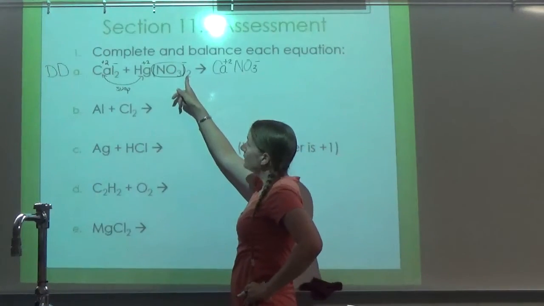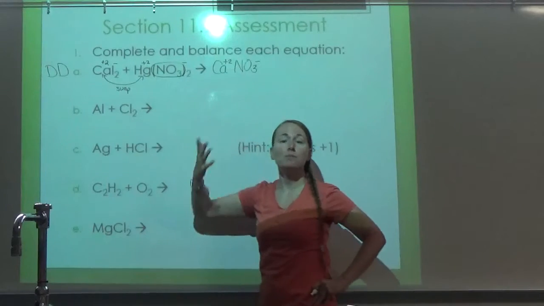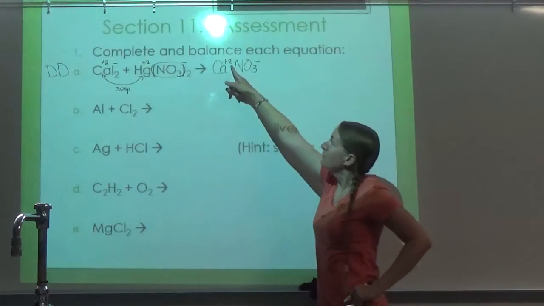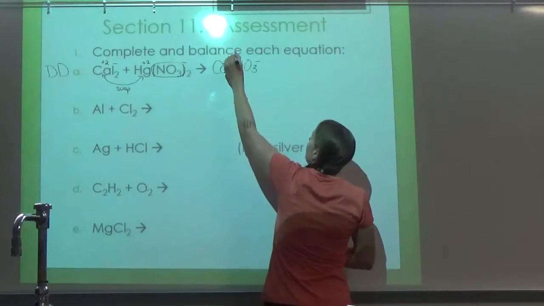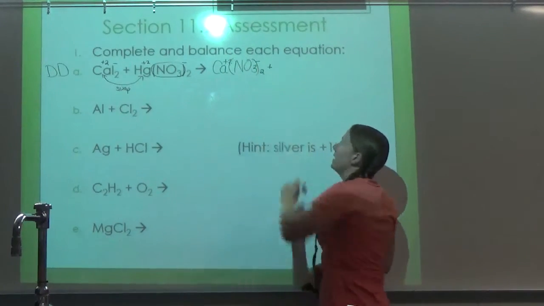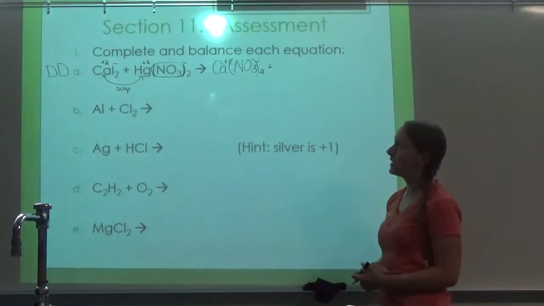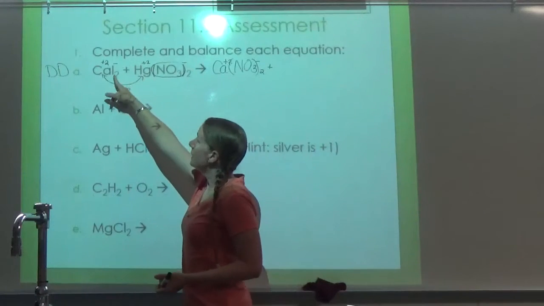But I did not bring the 2 over because the 2 came from the fact that it was bonded with mercury. Now it's bonded with calcium. But look what happens, it needs the 2 again. But I'm bringing the 2 down because I'm balancing the charges with calcium, not because I pulled it from the other side. All right, so then now mercury is going to bond with iodine.